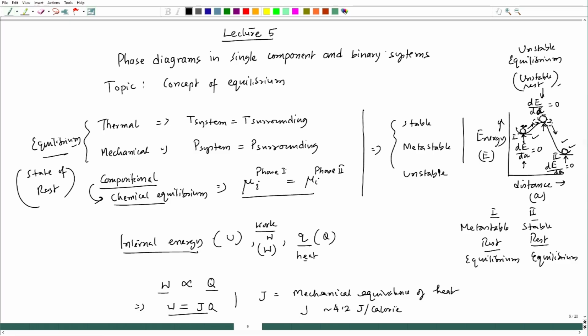So, if 1 calorie is spent, then I would be doing 4.2 joule of work. Okay. So, this is the equivalence.